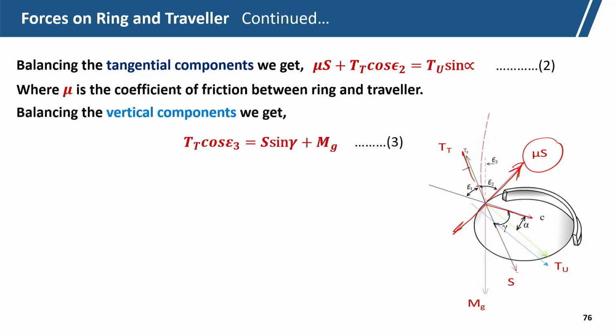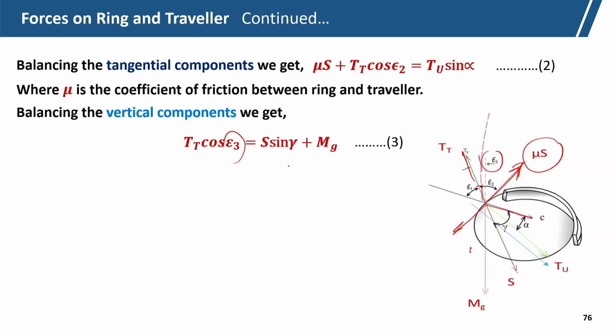Now, balancing the vertical component. We have seen the radial component and tangential component. Now, we are trying to balance the vertical component. Tt cos epsilon 3 is working vertically. Tt has 3 components, epsilon 1, epsilon 2 and epsilon 3, which is the vertical component.